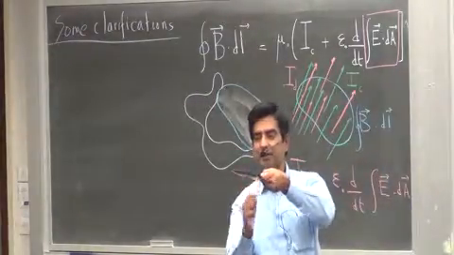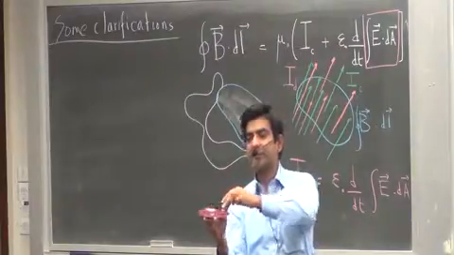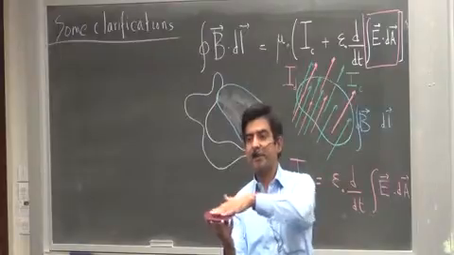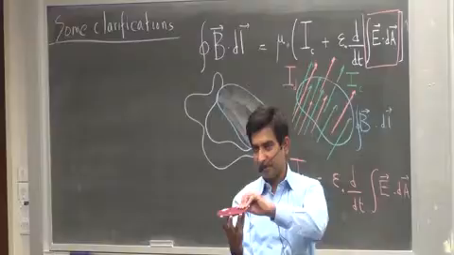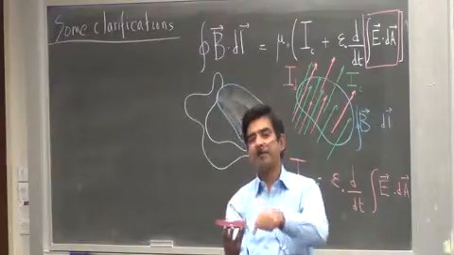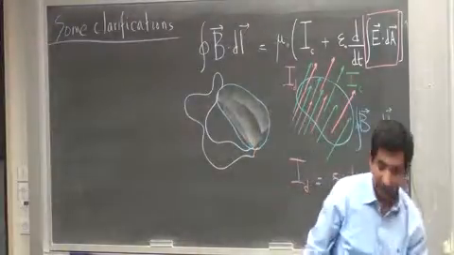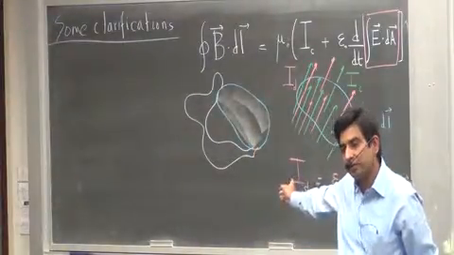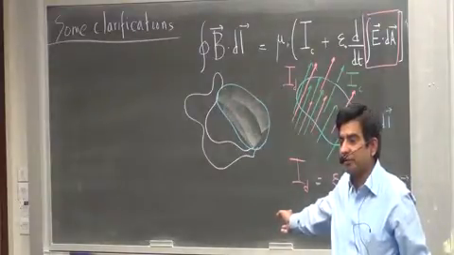This is a closed path and the area is encircled by the closed path. So this area could be anything. It could be flat, it could be bulging out, it could be bulging in. It's an open area, by the way. So with one closed path, I can draw an infinite variety of areas. No matter what area I choose, this formula should still hold. This formula should not depend upon the kind of area that I choose.